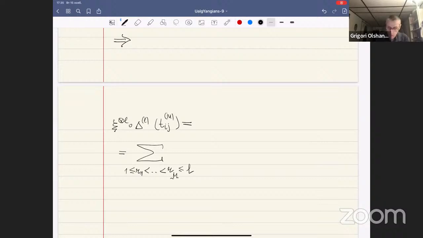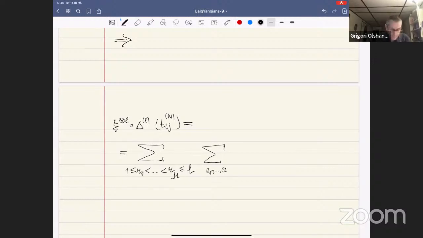Okay. And next we have again the summation over these indices. I'm sorry, not m, but this one. And this becomes clear after I explain my notation.